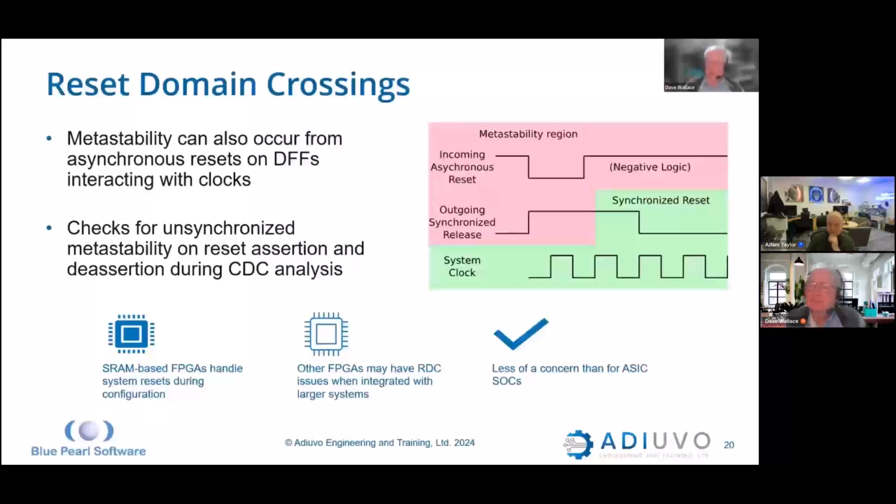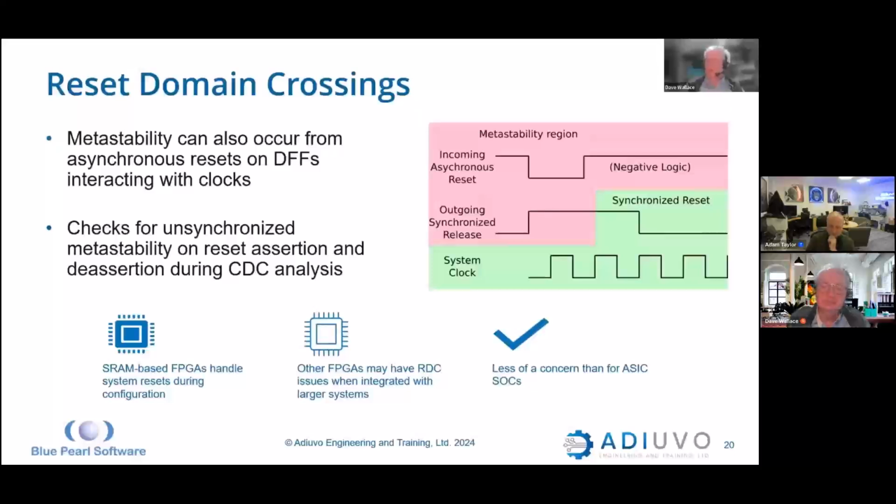The chip gets isolated from the rest of the circuitry, and the registers all come up in a known state. So with these large SRAM-based FPGAs, a lot of the big issues affecting some of the really complex reset schemes that IP designers and system integrators are using, which are driving some of the stuff in the RDC standard, are typically not as much a concern.